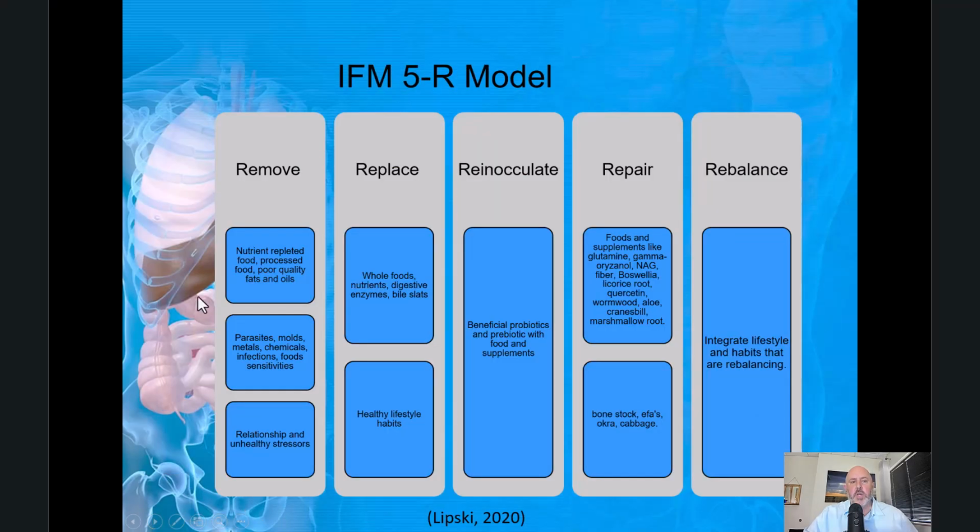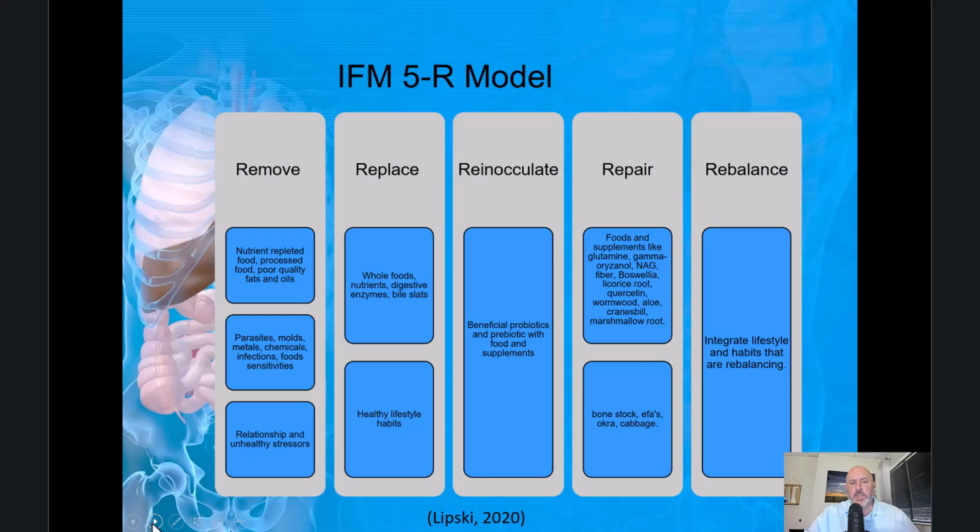This is a classic gut model called the IFM 5R model, where the practitioner will take you through various phases of healing your gut, from removing the SIBO to replacing factors that led to the SIBO, and reestablishing a healthy microbiome, rebalancing the gut lining, and rebalancing lifestyle and dietary habits to prevent recurrence.